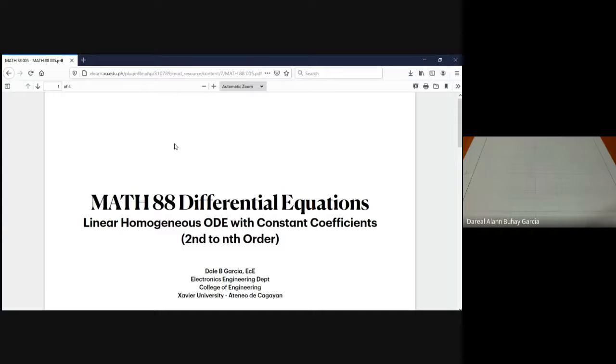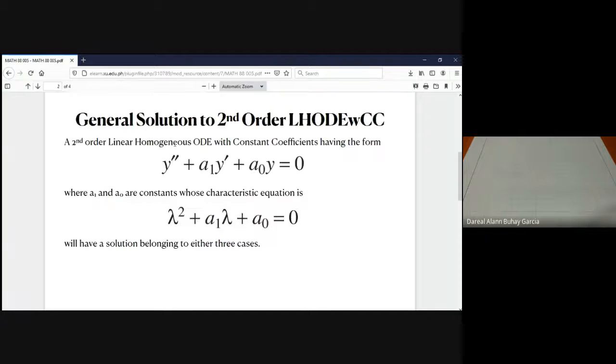Okay? Kaya nagigkain siya i-solve. So kung second order, kung second order linear homogeneous equation, the differential equation with constant coefficient, muna iyang form, right? Atong na generalize last meeting, muna iyang specific nga form, y double prime plus a sub 1 y prime plus a sub 0 y is equal to 0.